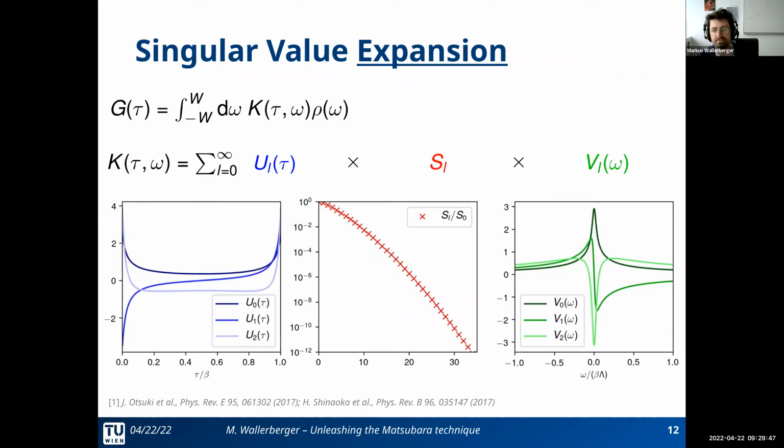Markus? Yes. So you have Otsuki down there, and basically Hiroshi Shinaoka's work for the singular value decomposition. Pardon, can you, sorry, I didn't hear that. Your reference for that? Yes. Is the Otsuki, I think this is Hiroshi's work. Yes. For the IR.